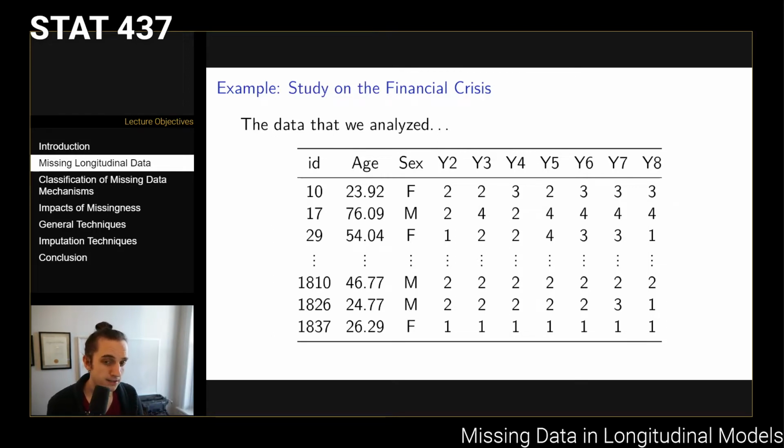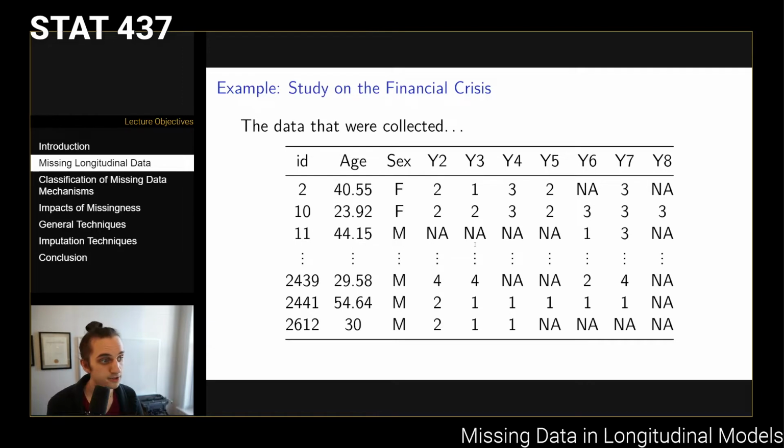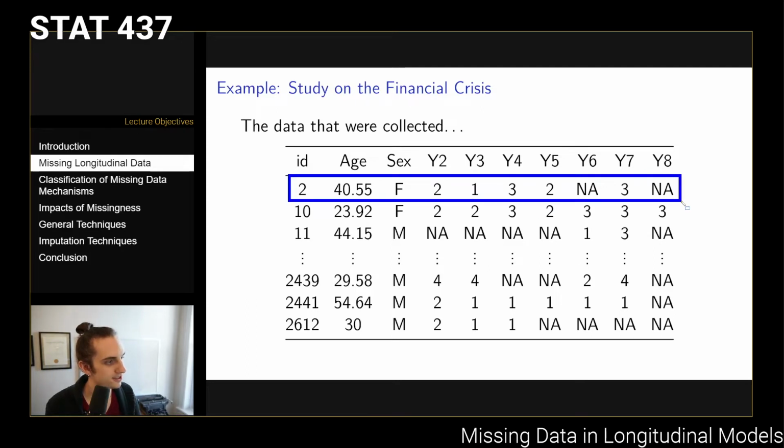If you were paying close attention to that, that may have seemed strange to you. The real reason is that, in actual fact, we collected a whole lot more data than just that. The real data that were collected had additional individuals being measured. You can see, for instance, ID 2 was excluded from our data set, and that's because ID 2 did not have measurements at time 6 and at time 8.